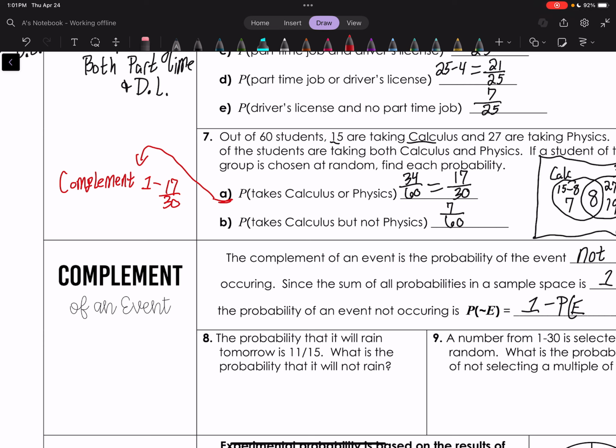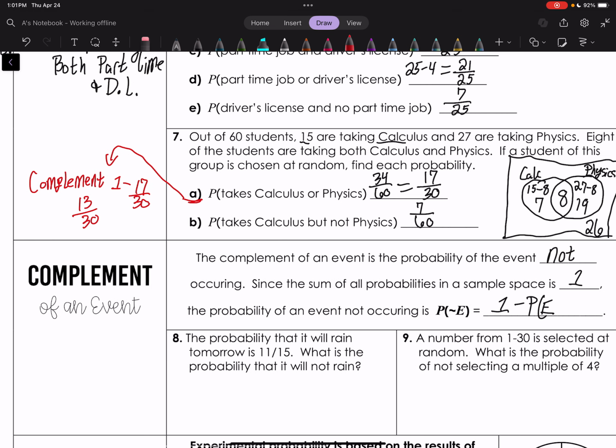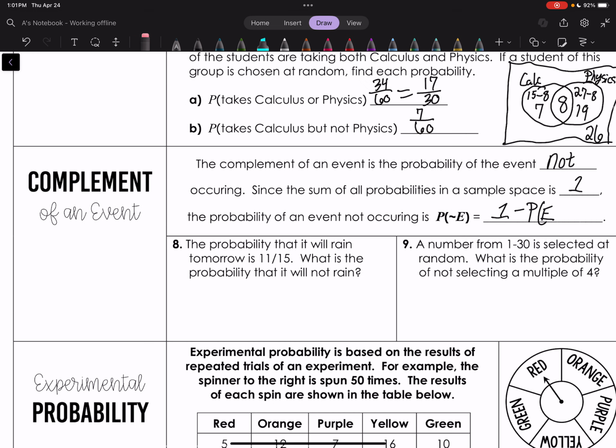So 30 minus 17 is how I can get that, and it's going to be 13 over 30. That is the complement. That's how many people would be not taking calculus or physics. All you're doing is subtracting from 1. All right.